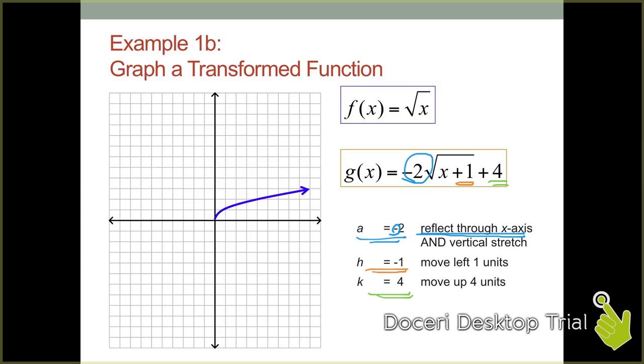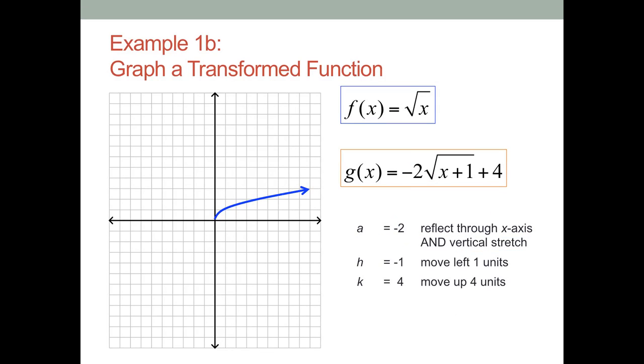The second is that the absolute value of a, the absolute value of -2, is 2, and that is bigger than 1, so that's going to cause a vertical stretch. It basically means that every answer that I originally got from taking the square root is now going to be multiplied by 2. It's going to be 2 times as much.